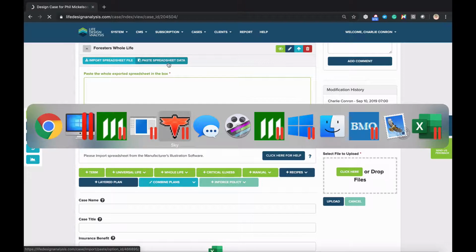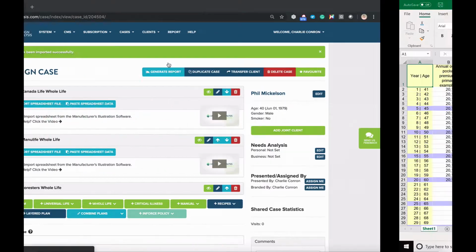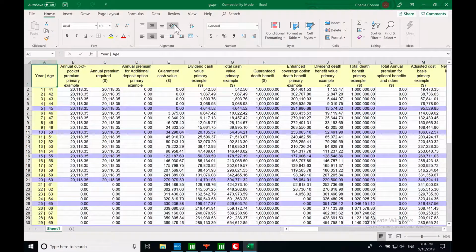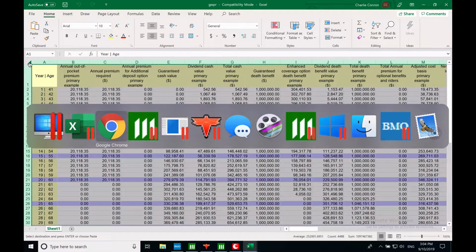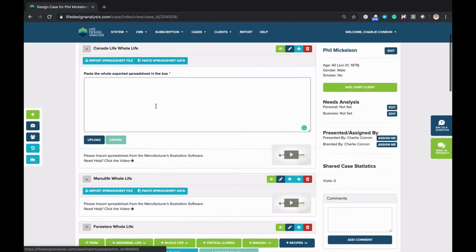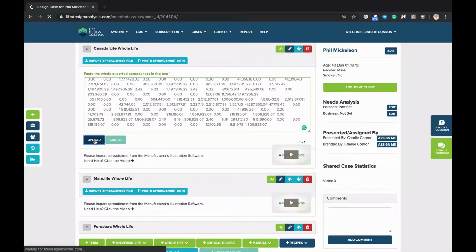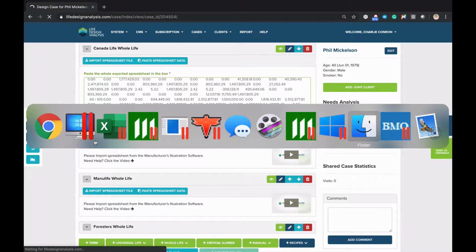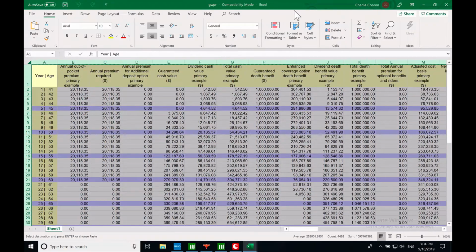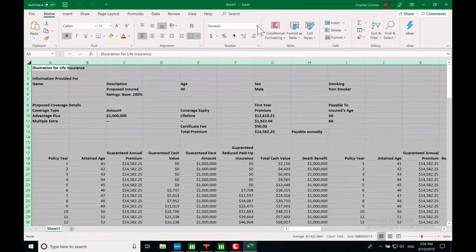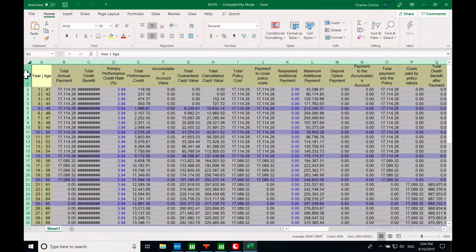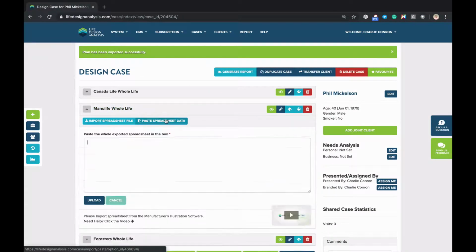I don't think my first one grabbed that menu. Let me come back over here to Excel. This is the Canada Life one, GWPR, Great West. Copy, come back, paste that in there, upload, come back to Excel here, and that was our Foresters, and here's our Manulife again. So let's copy this, and we'll paste that right in there.